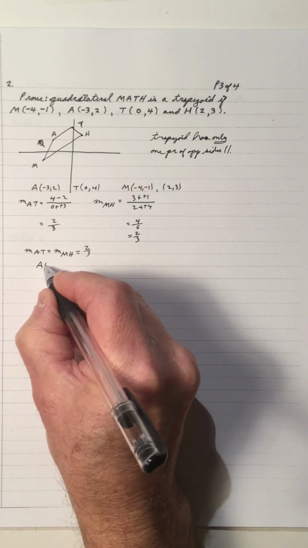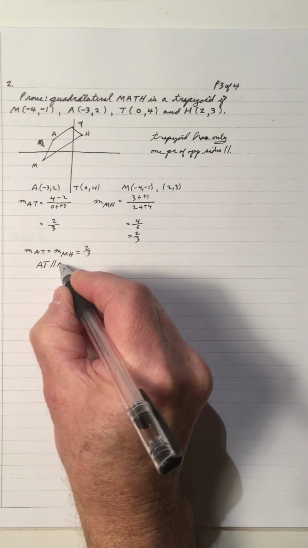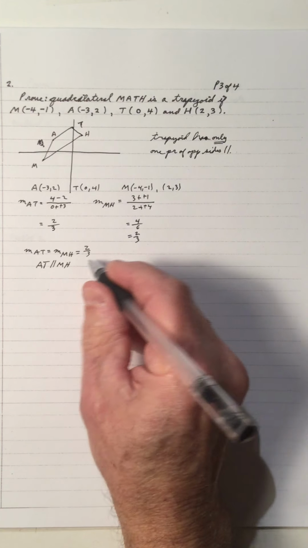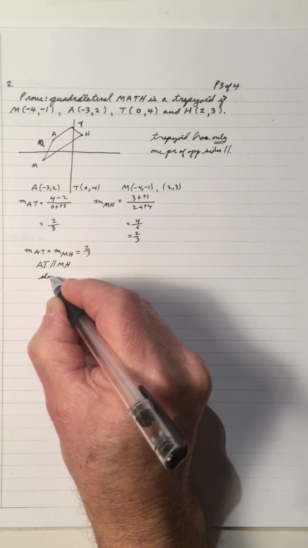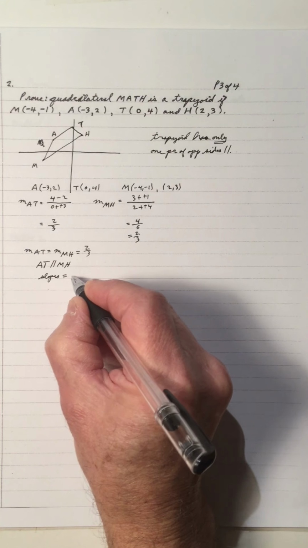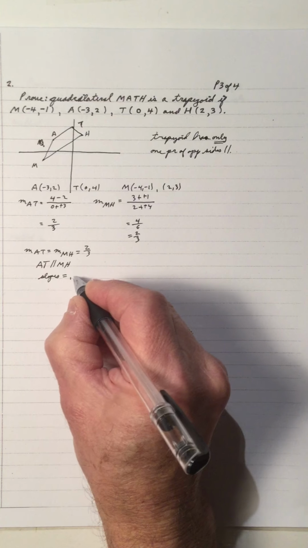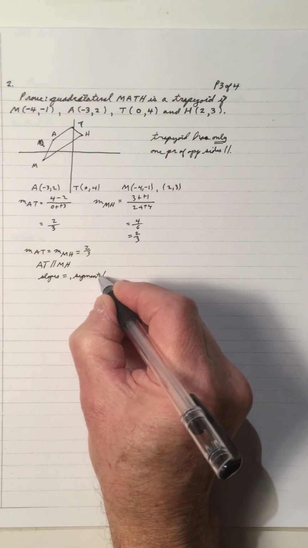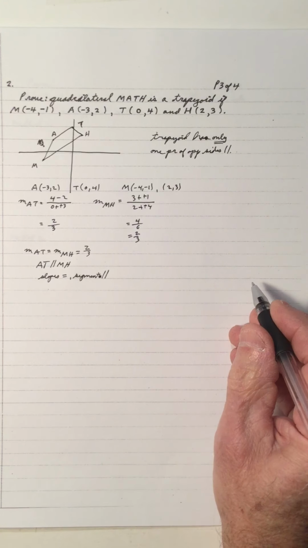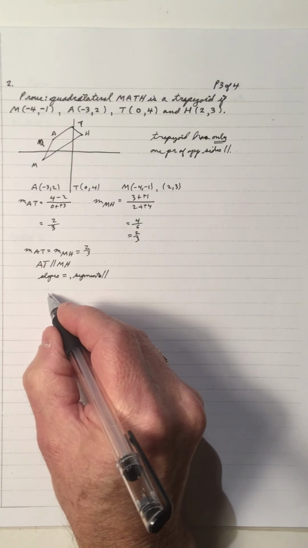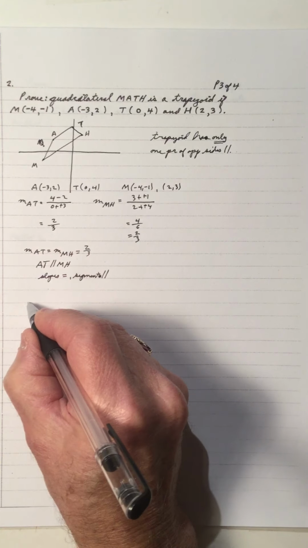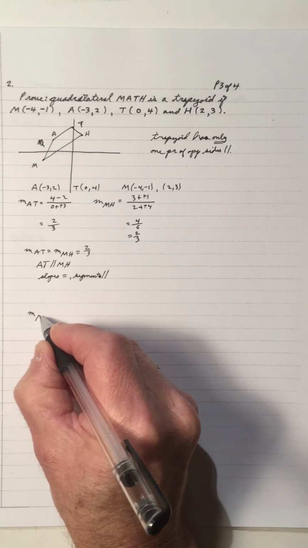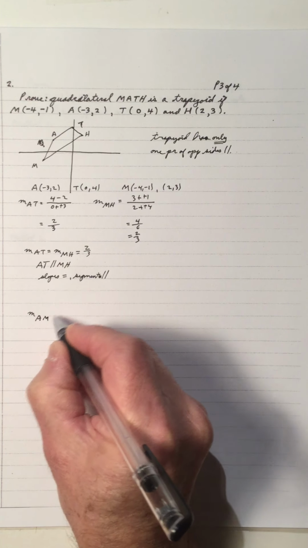So that means that AT is parallel to MH. Slopes equal, segments parallel. Now we also got to do the slope of AM.